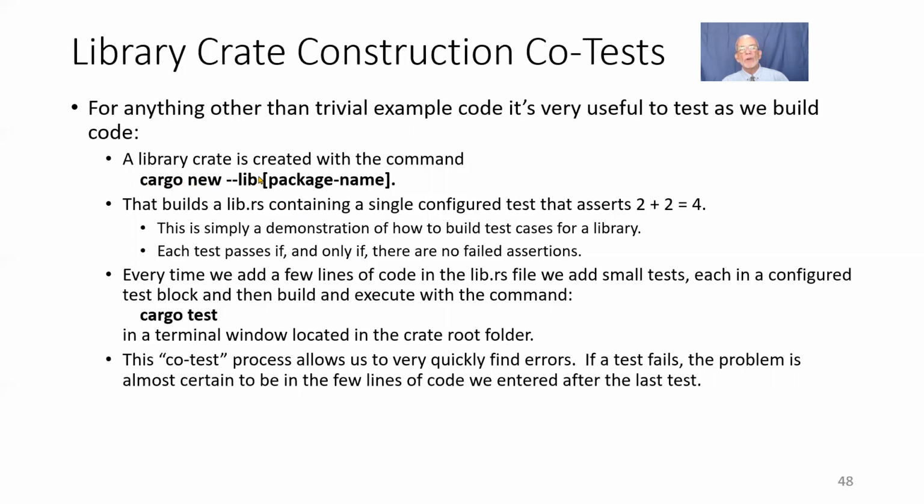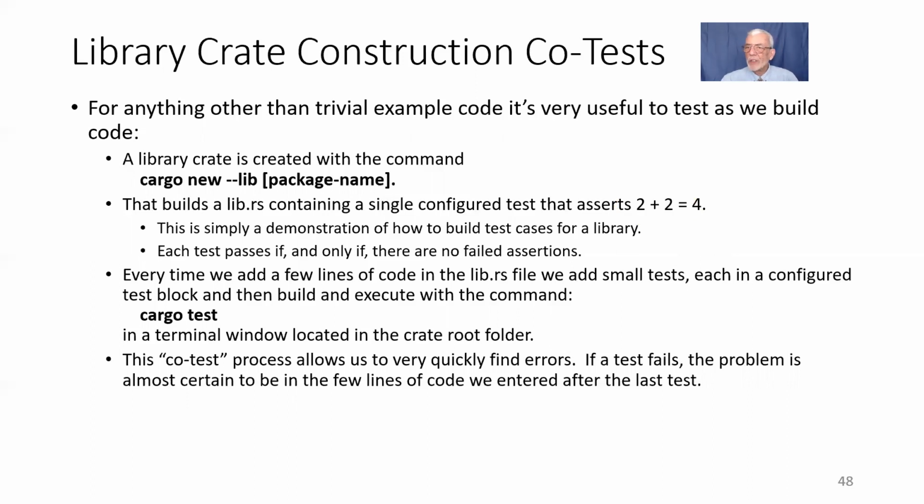If we don't specify this lib argument, then it'll build a binary. And we can optionally specify the name. Otherwise, it'll just use the name of the directory that we're in. That builds a lib.rs containing a single configured test, a trivial little test. I can start adding code to it, and this little test shows me how to build individual tests.